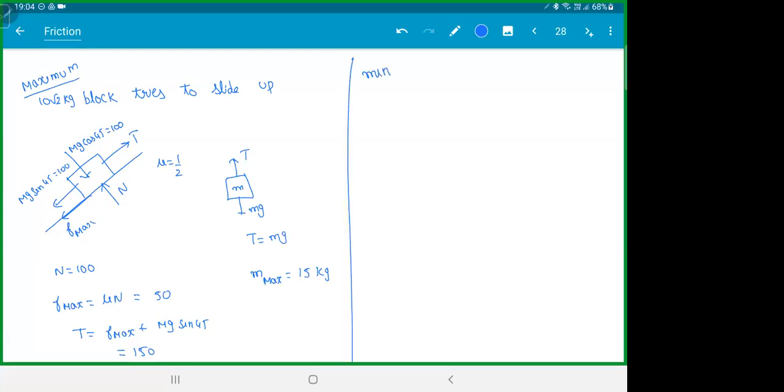Then it means you have a minimum case also. What if the block is too light? Then the 10 root 2 kg block will try to slide down. Remember, direction of friction: you have to see what is the tendency of the block to move. So if the block is trying to come down, now what are the forces? This is 100. This is 100. This is normal reaction.